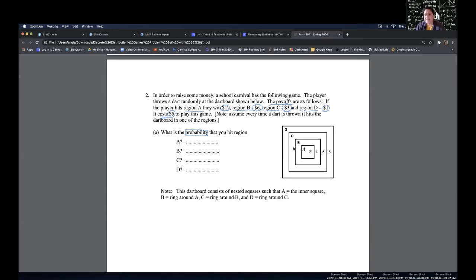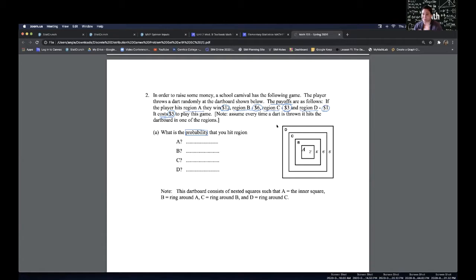So this is a geometry question, and I don't want to spend too much time on the geometry because I don't think I'm going to give you something this difficult on an exam. But anyway, who remembers how to find this? These are all squares, and we're assuming that the dart will hit the board. If it doesn't hit the board, we'll let them throw again.